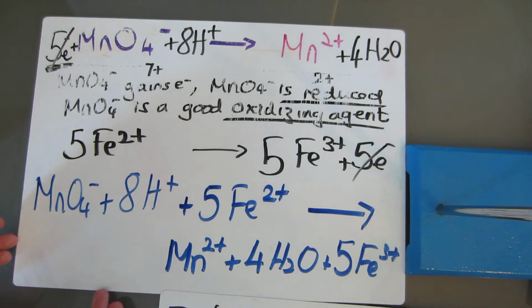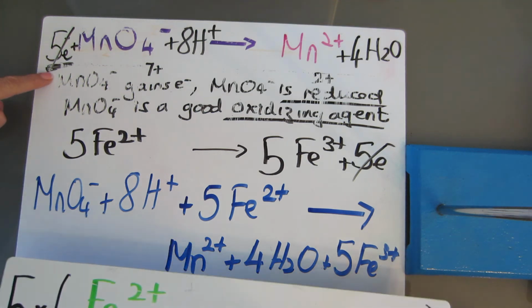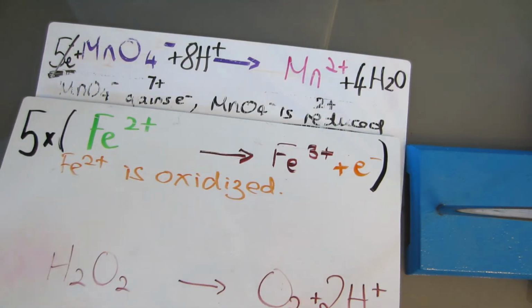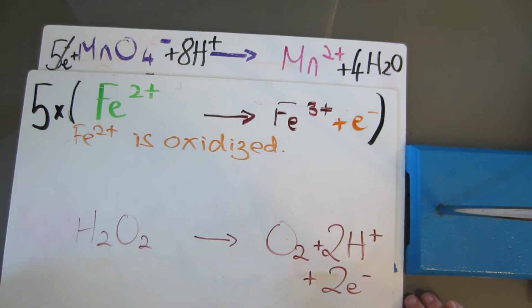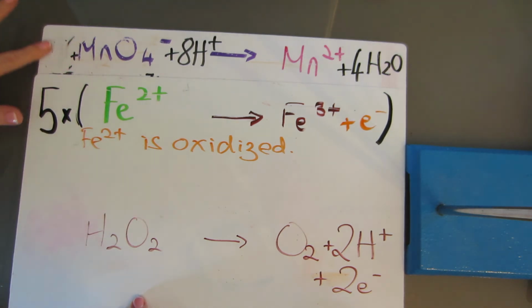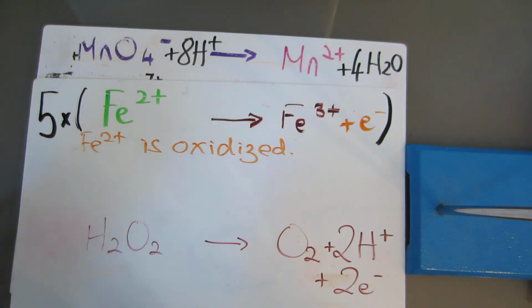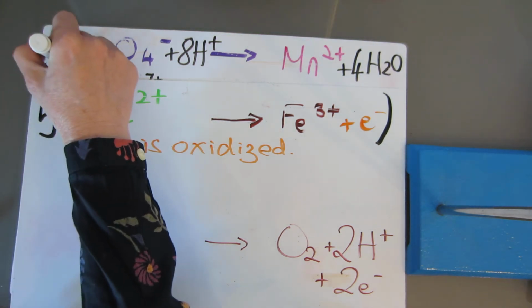Okay, so let's have a look. Can we apply this again now, using still the same one here? How does MnO4 minus react with hydrogen peroxide? So let's have a look here. If you remember, each MnO4 minus needed to gain 5 electrons.